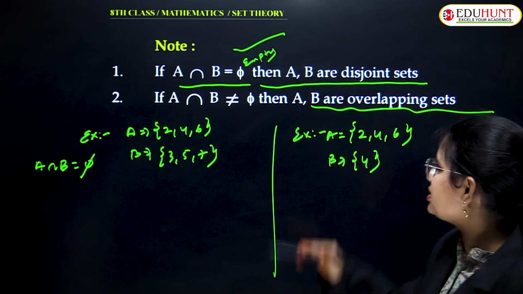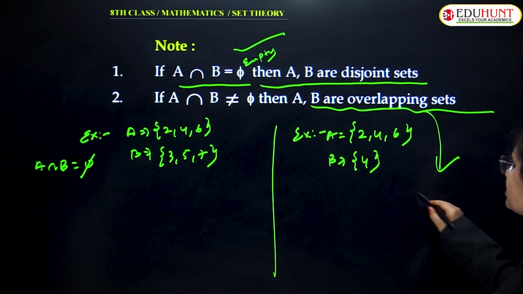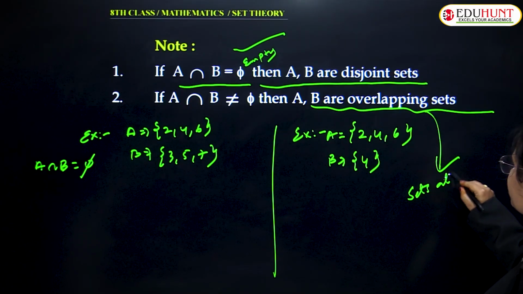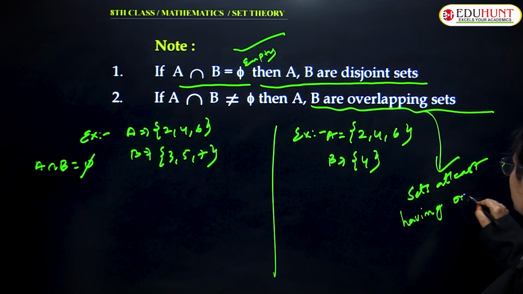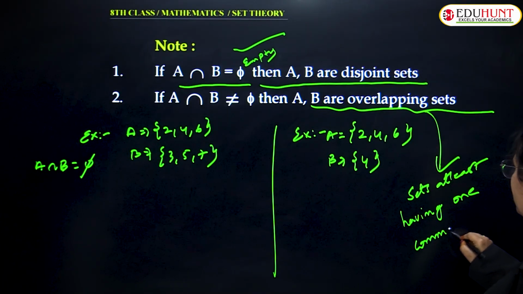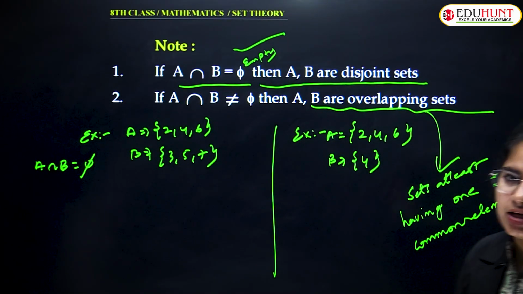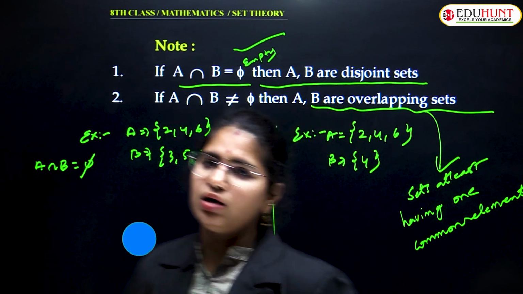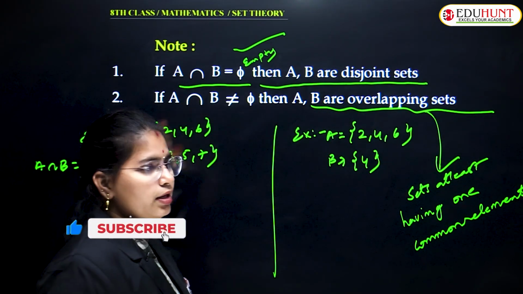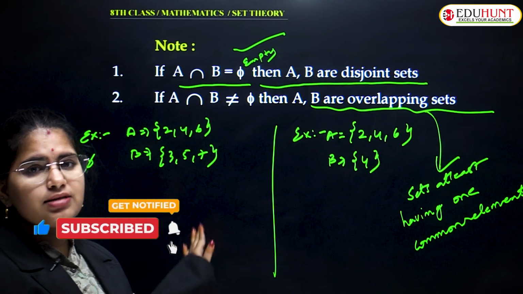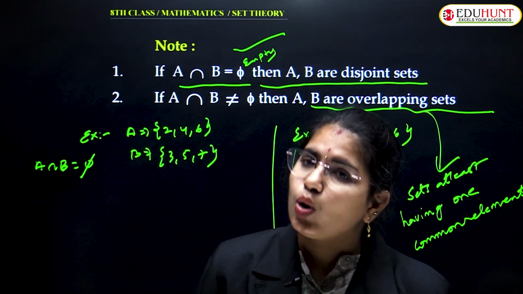I told you already, what is the definition of overlapping sets? Overlapping sets are such type of sets at least having one common element, correct? So if A intersection B is equal to empty, we can represent that as disjoint sets. If it is not equal to empty, in that case we can call them overlapping sets.